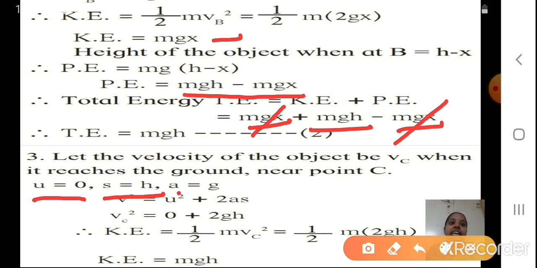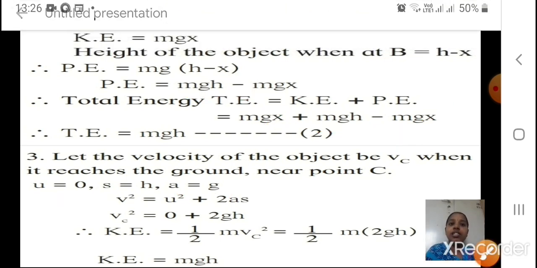And a is equal to g, that is acceleration, we will take it as gravity. Now we are using the same formula, v square is equal to u square plus 2as. So instead of this I will write vC square, u square you know value is 0, I have substituted, and instead of s what I have to write? h, because h is the displacement. Small s means displacement. So here our displacement is h.